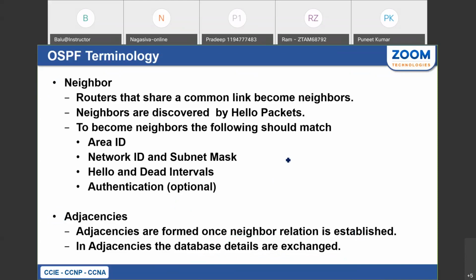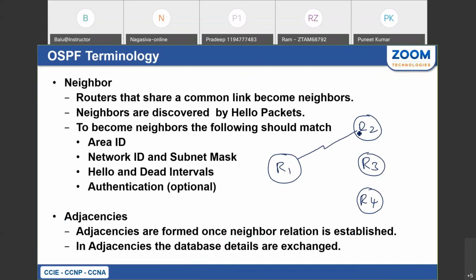Example, let me draw on diagram here. R1 router, R2, R3, and R4. R1, R2 directly connected. R1, R3 is directly connected. R1, R4 is directly connected. Now for R1 router, which routers are neighbor routers, guys?